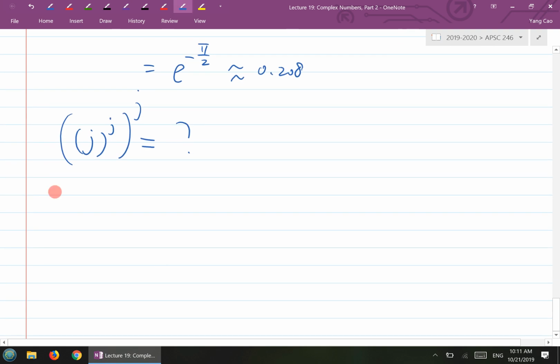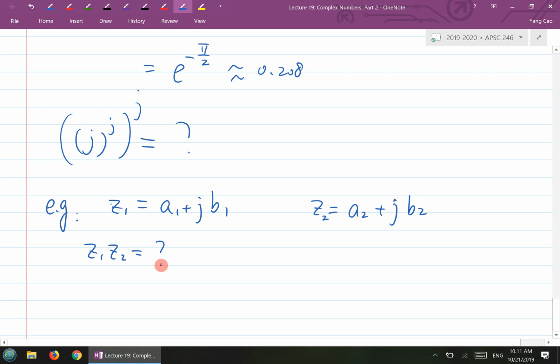And the other application of Euler's formula is this. Let's say I have a complex number z1 equal to a1 plus jb1, and another one, z2, equal to a2 plus jb2. So I have two complex numbers here, and I want you to multiply z1 and z2. We can do the multiplication as we did in the previous examples.